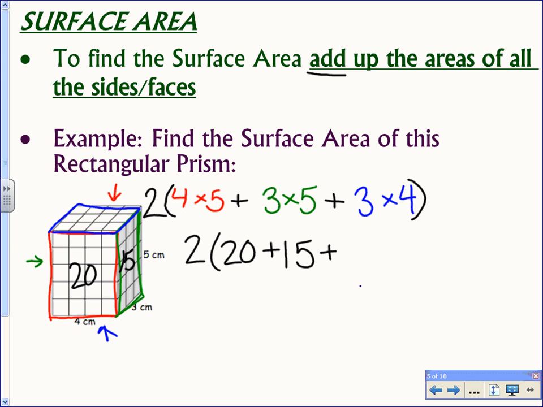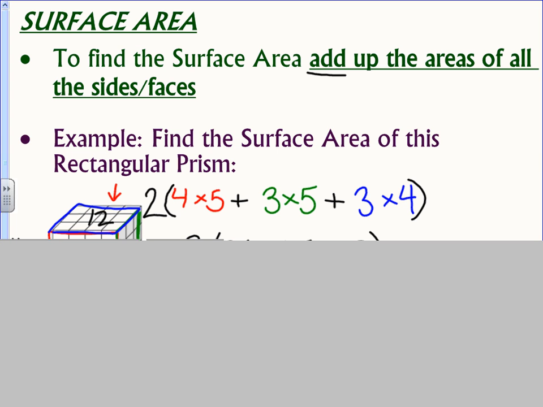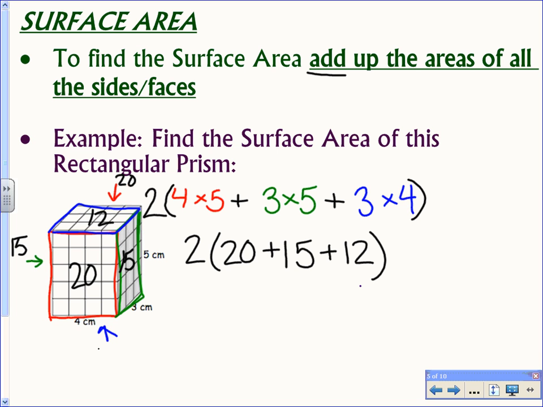Like I said, we also know that this side has an area of 15, this back side has an area of 20, and the bottom has an area of 12. So I multiply 20 plus 15 plus 12 by 2 to account for that. 20 plus 15 plus 12 is 47. 47 times 2 is 94 centimeters squared.